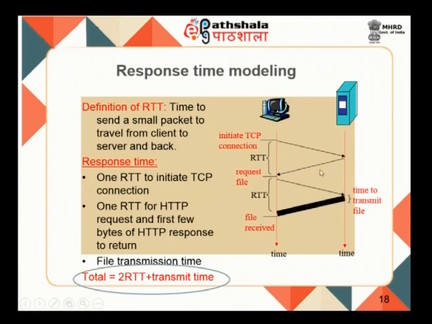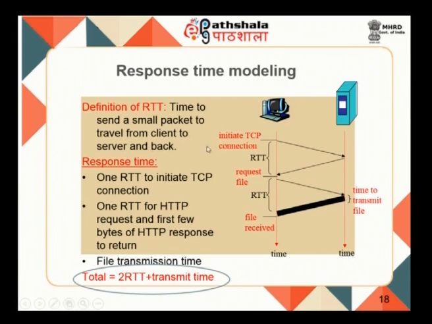For a single object, we first of all have to establish a TCP connection, and that will take up 1 RTT. Then we send the actual request for the file and the file has to be sent back from the server. That will take up another RTT. Now, what we also have to understand is if the file is big, it will take a certain amount of time to transmit that file. So, there will also be some finite amount of transmission time.